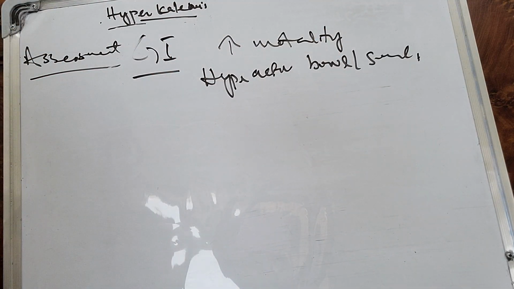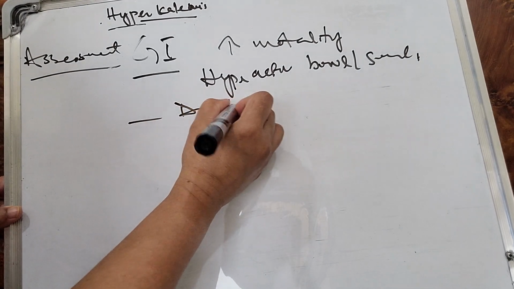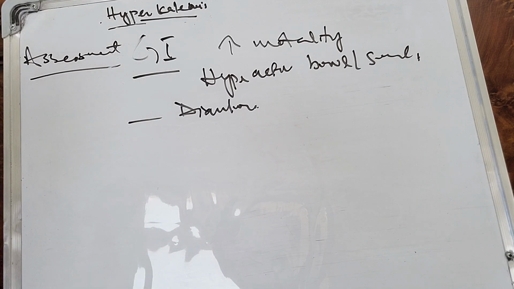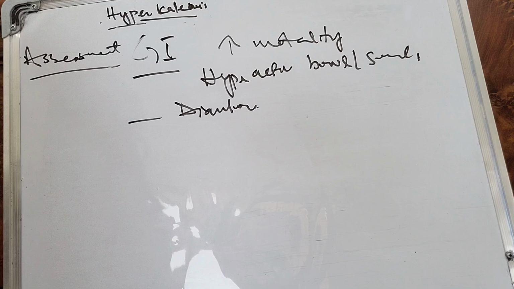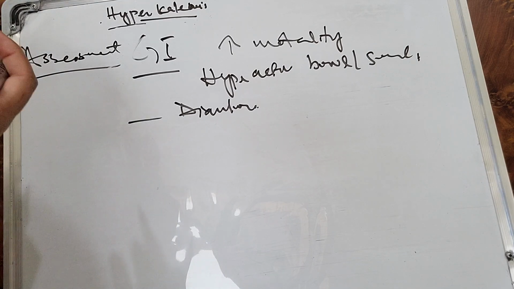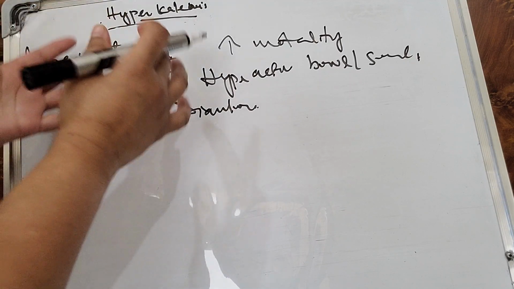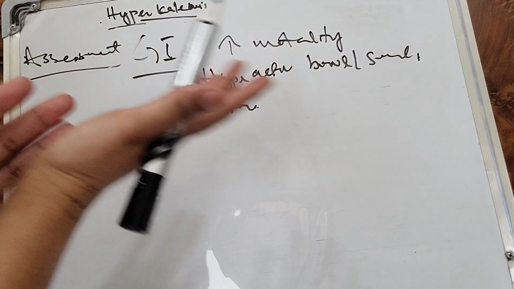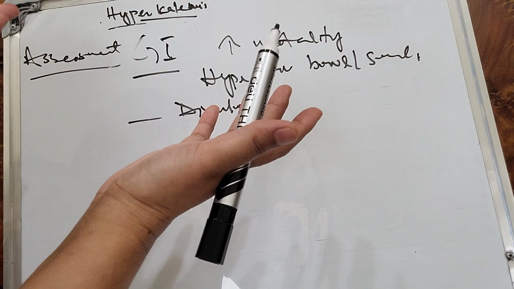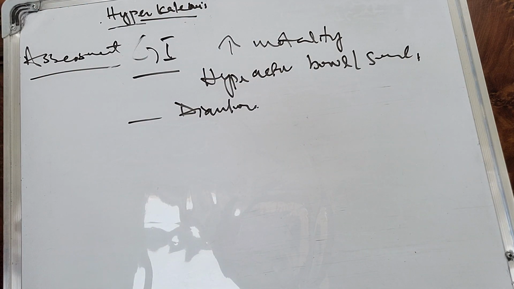Keep in mind that hypokalemia is related to the upper system, like vomiting, nausea, constipation and abdominal distension, but hyperkalemia is related to the lower system, with hyperactive bowel movement from stimulation. Due to this reason the patient has diarrhea.